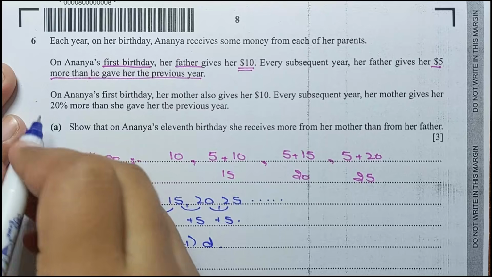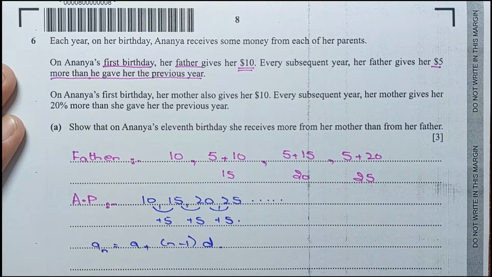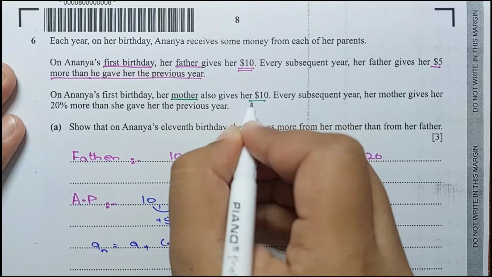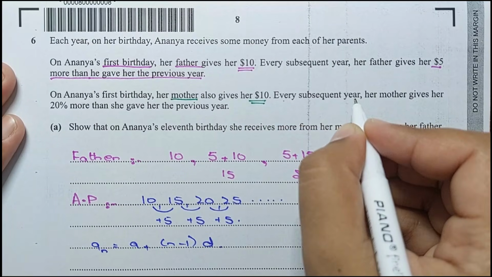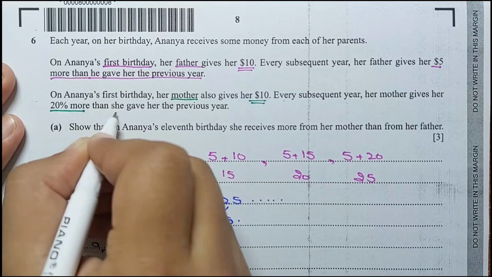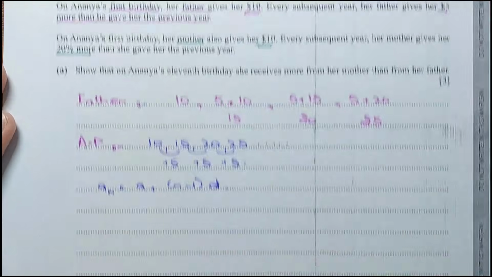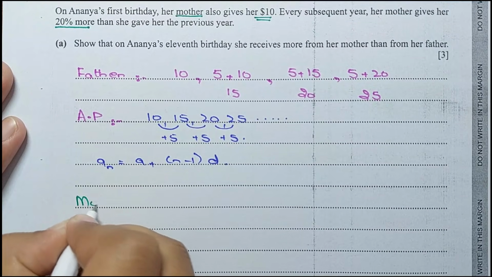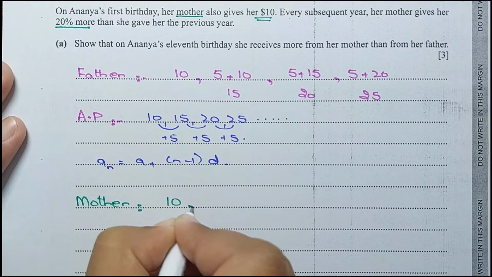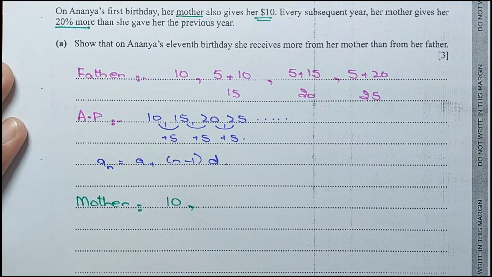Now move further. On Anaya's first birthday, her mother gives her $10. Every subsequent year, her mother gives her 20% more than she gave her the previous year. Let me write down for the mother. The mother gives $10 on the first year.